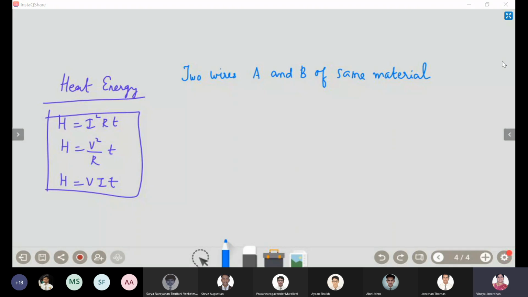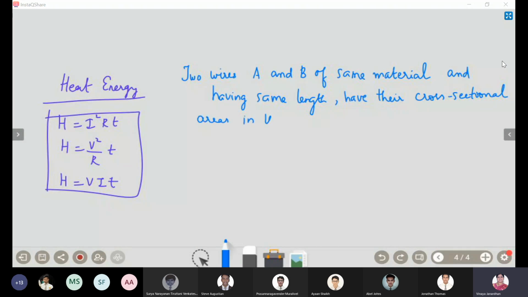Same material and having same length, have their cross-sectional area in the ratio 1:6.